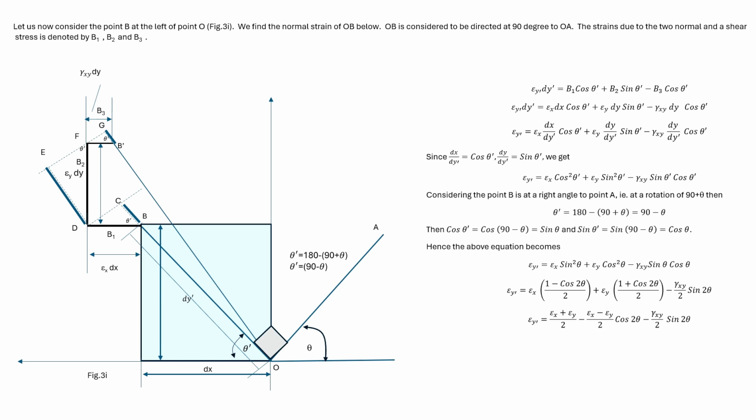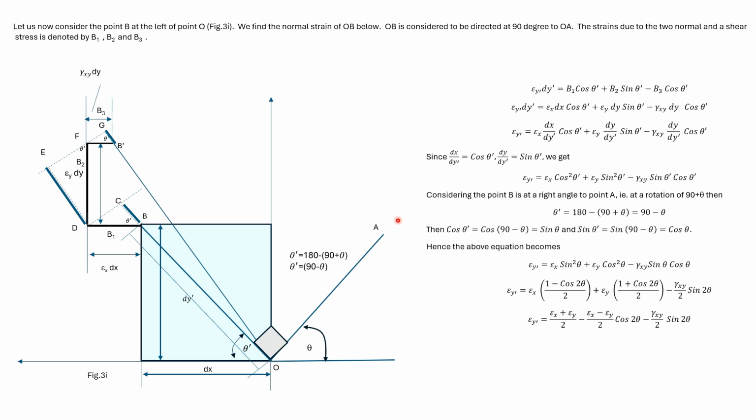We earlier considered a point P to the left of the reference point O. We found out how the point B moved due to the stresses acting on the element. It finally attained the position B dash. Here the diagram is magnified, and we have also considered OP to be perpendicular to OA.